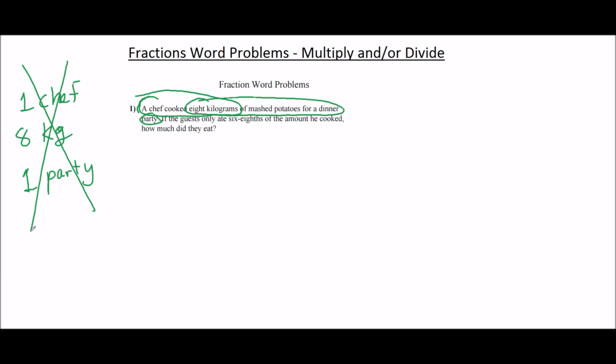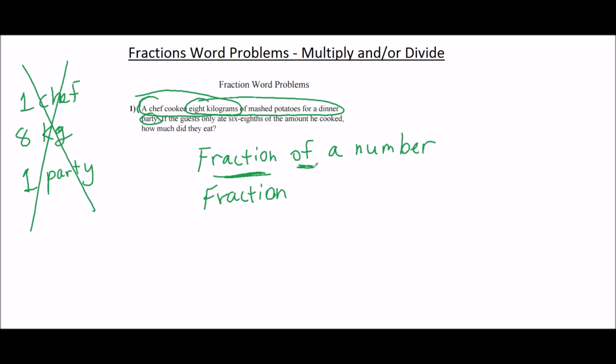Instead, here's a shortcut that'll always work with fractions. When you have a fraction of a number, you can always do that fraction times the number. So a fraction of really means the fraction times the number.